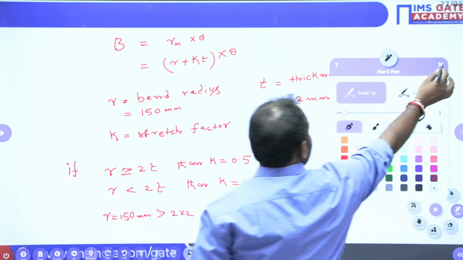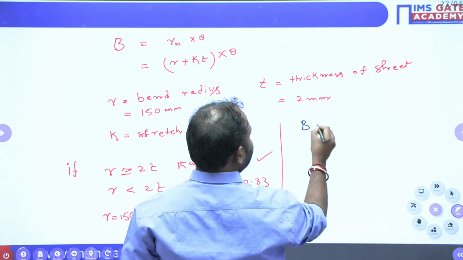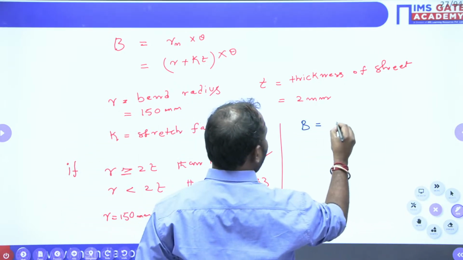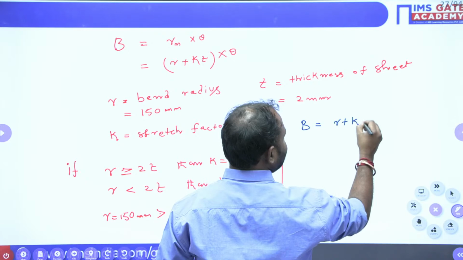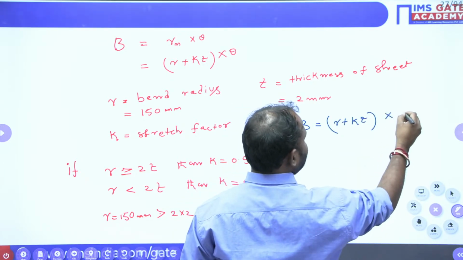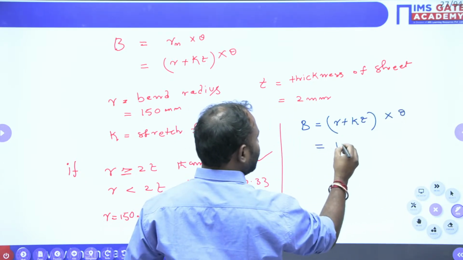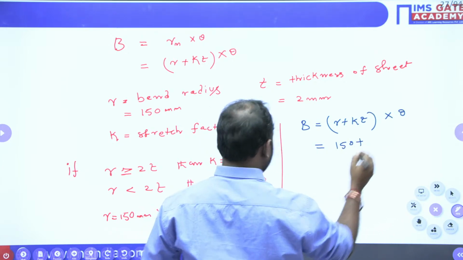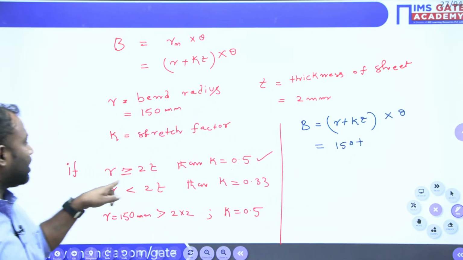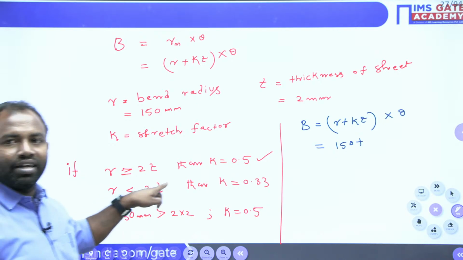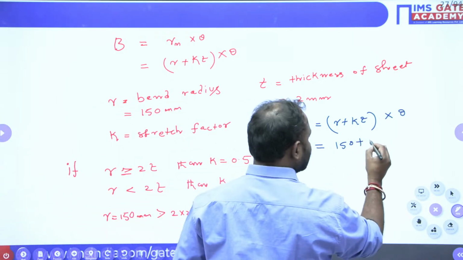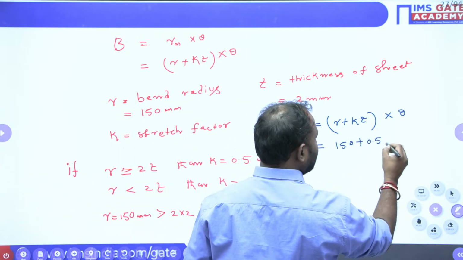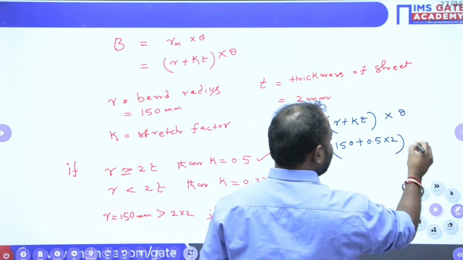Now, bending allowance is equal to theta into (R plus Kt). So, now here R is 150 plus K, we have to select 0.5. Why? Because R is greater than 2t. Now, here it is 0.5 into 2, into t.